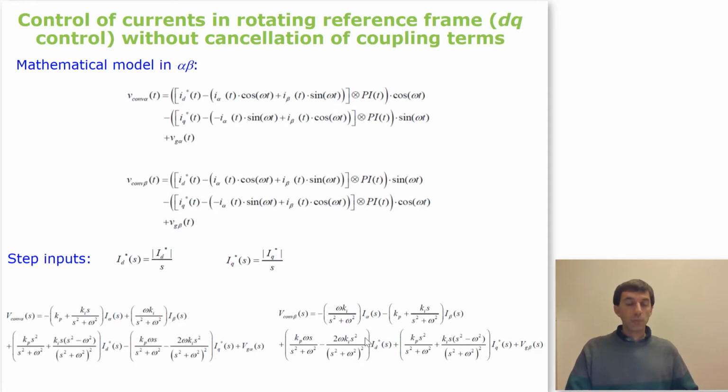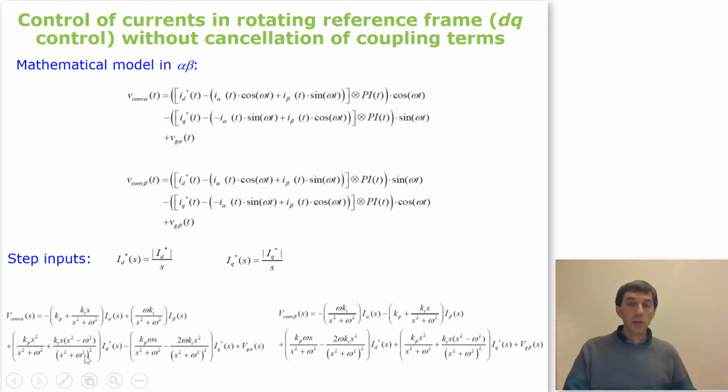Very similar to the previous ones with cancellations, but this term and this term are different. In this term and in this term, in the previous control, the cancellation of the coupling terms appeared. Here it doesn't appear.